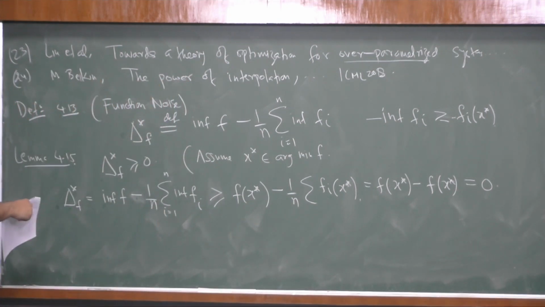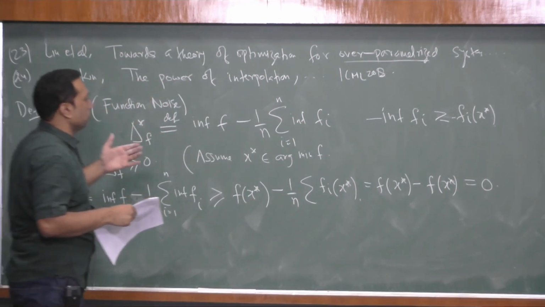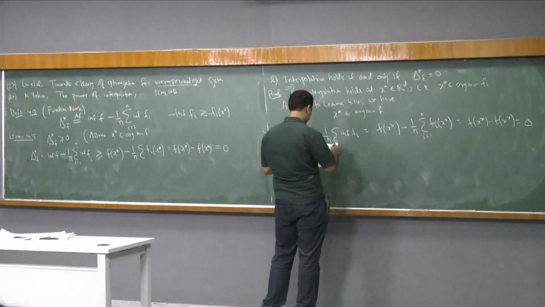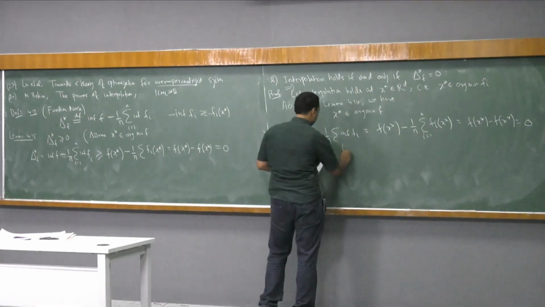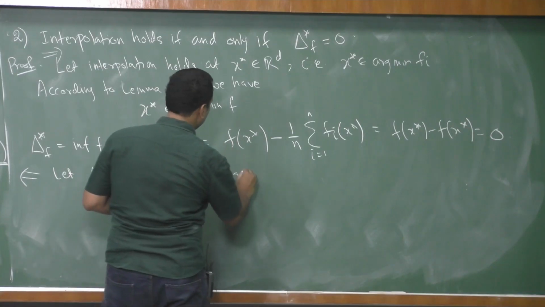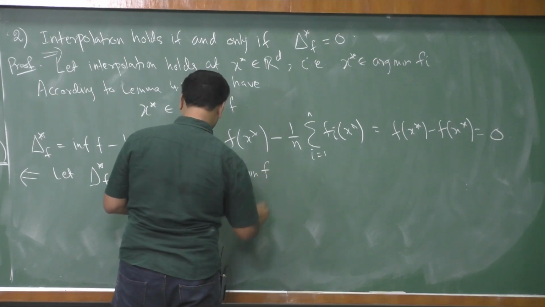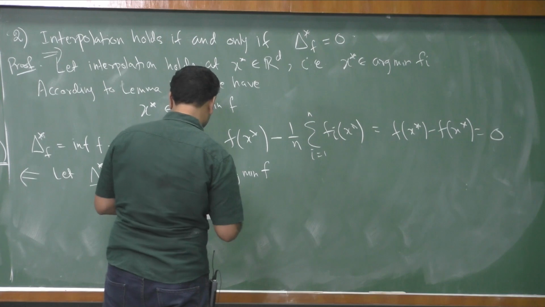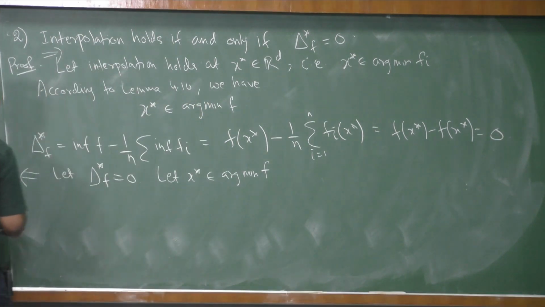Okay, so let us assume that x star is in argmin of f, and we have to prove that it actually interpolates fi also. Okay, so let x star be in argmin of f, and in that case, what we have for a start is that we are already given that delta star f equals 0. So let us start from there only.